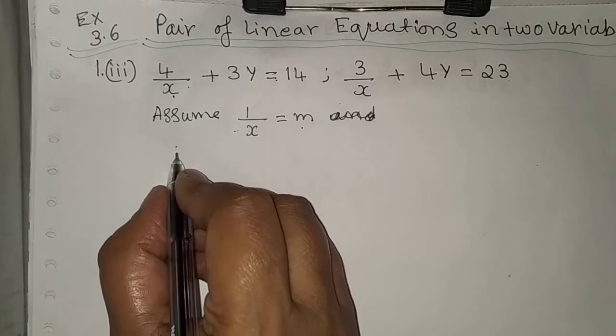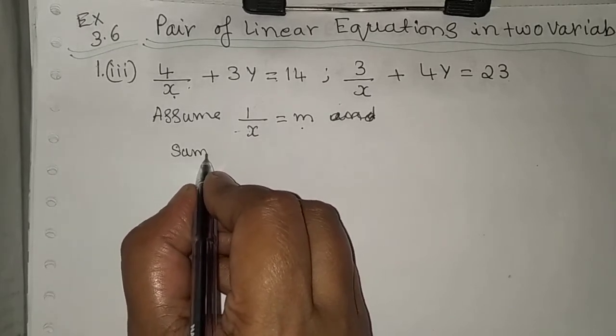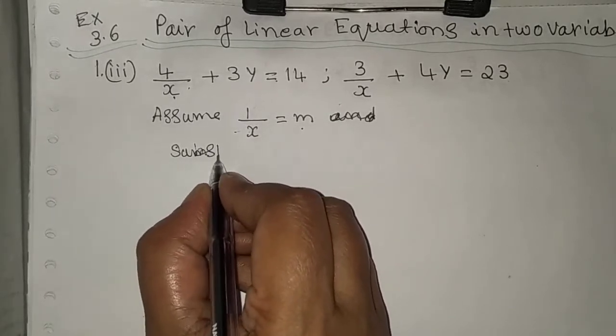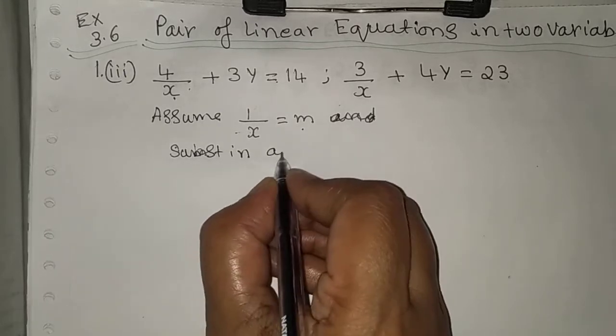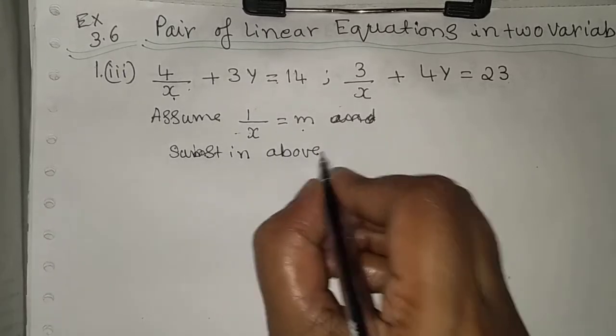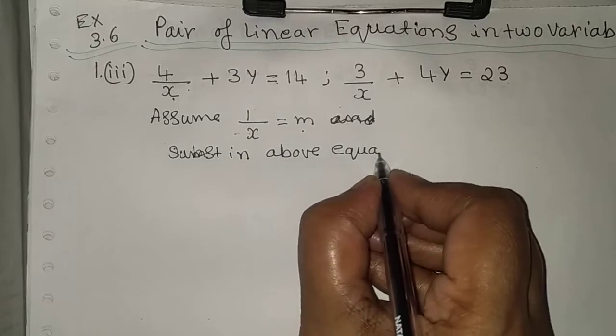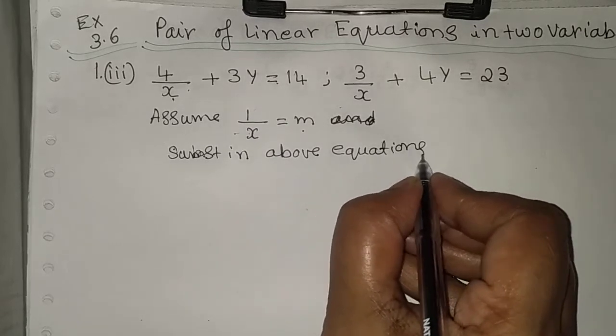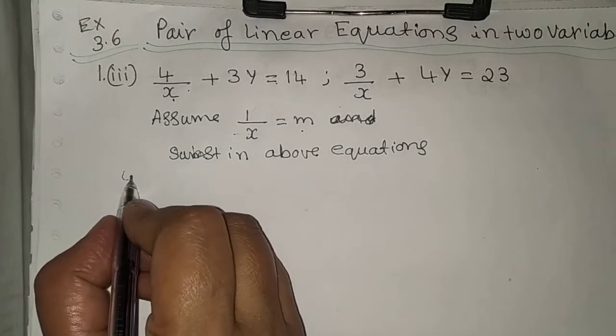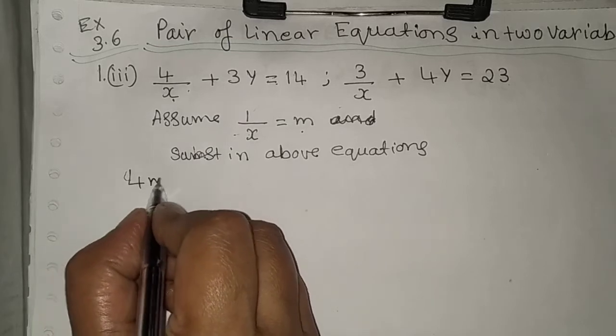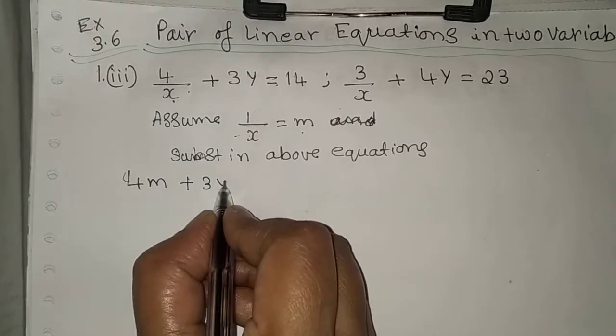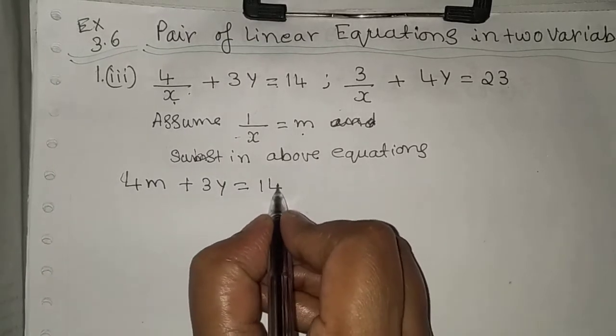So what happens in the above equations? The first equation becomes 4m plus 3y is equal to 14.